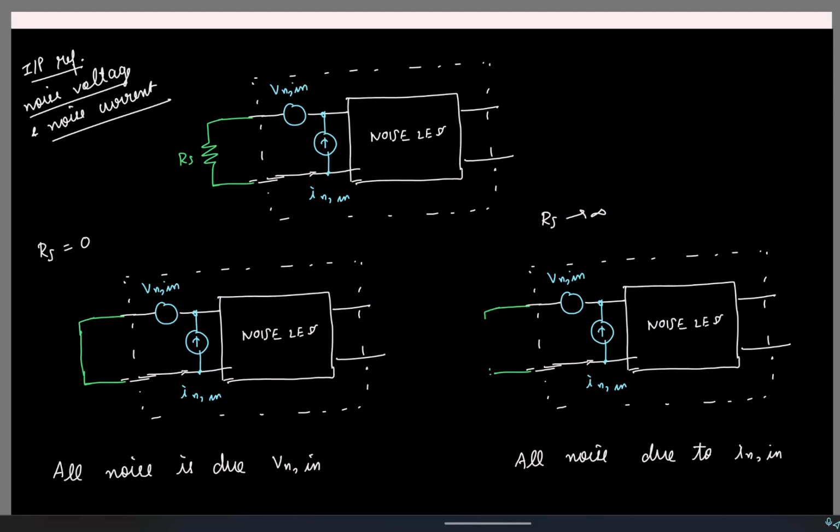We need both of them to model it, and if RS is 0, the entire noise comes from Vn in, and if RS is infinity, entire noise comes from the current. And another point, if my input impedance is infinity, I actually don't need the current at all, right? So in that case, you can find the current will be 0 if my input impedance is infinity.